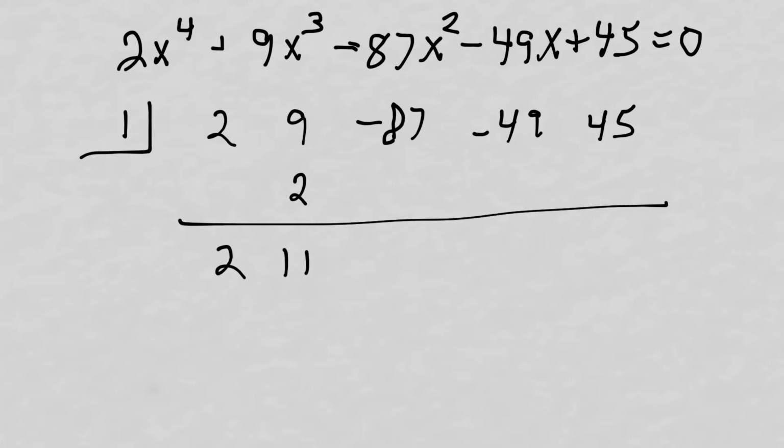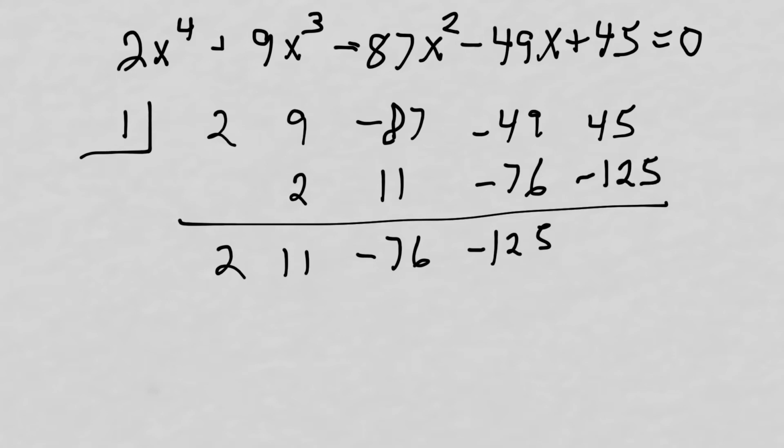1 times 11 is 11. We add those together, we get negative 76. 1 times negative 76 is negative 76. We add those together, we get negative 125. 1 times negative 125 is negative 125.